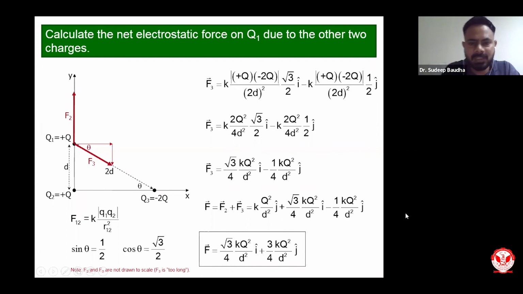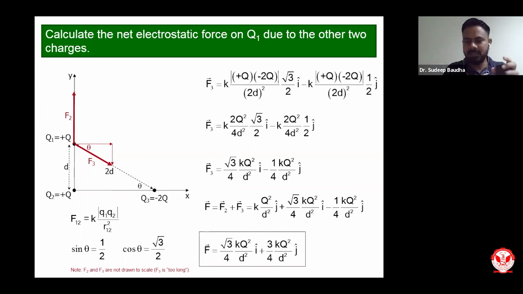You need to analyze the force individually between two charges, and the final force will be the vector sum of all the forces exerted on a particular charge. So this type of question and calculation is very important, and it gives you the understanding of how to use Coulomb's law for finding the force exerted on a particular point.